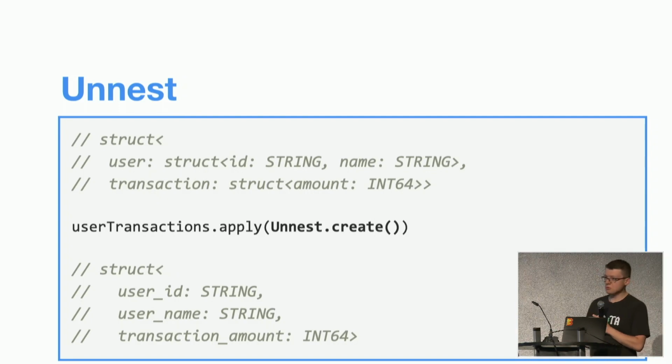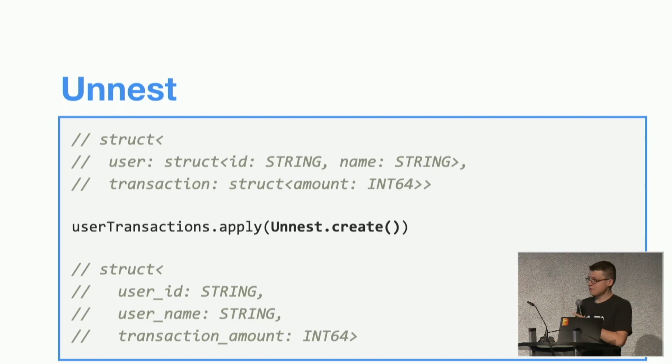What it would do, it would put a delimiter between elements in the path. So user and nested field ID will become user underscore ID. And you can choose which delimiter you want to use. As well, it's not magical. If you want something a little different, you can actually implement your own PTransform if you want.